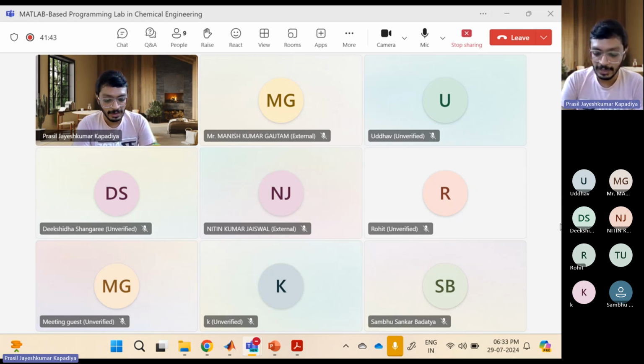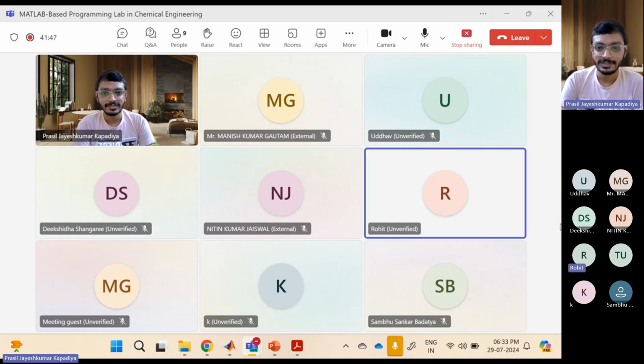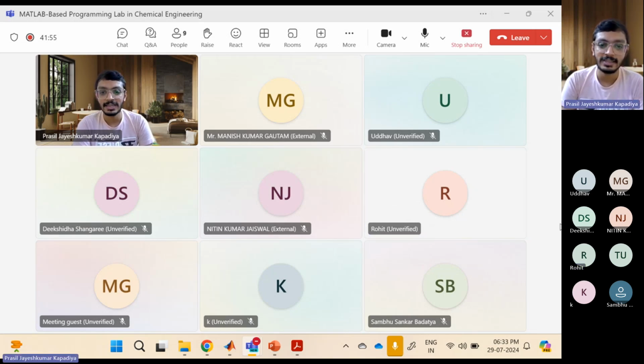Rohit, do you have MATLAB or Aspen licenses? Aspen, as of now, in my company they provide only three licenses, so only three people can use it simultaneously. Aspen is really costly. There are about 1,000 employees in my company, and three is very less. It is very painful.